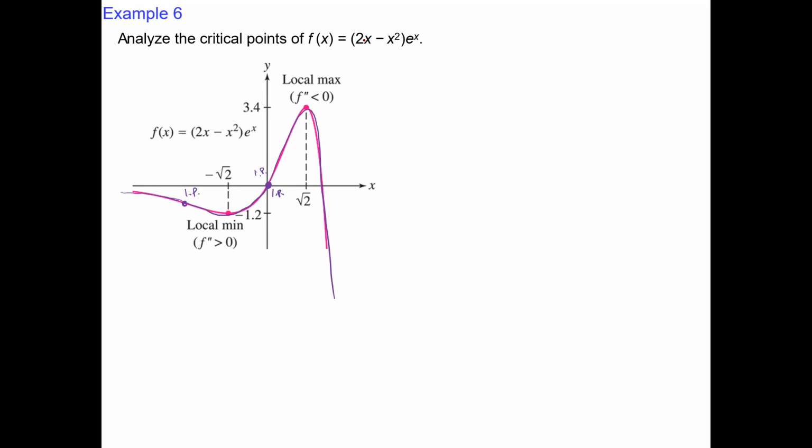We have function 2x minus x squared times e to the x. Of course, domain is all of the real numbers. We don't have to be worried about some numbers that are not included. Okay, let's find a first derivative. Product rule. 2 minus 2x times e to the x plus 2x minus x squared times derivative of e to the x.